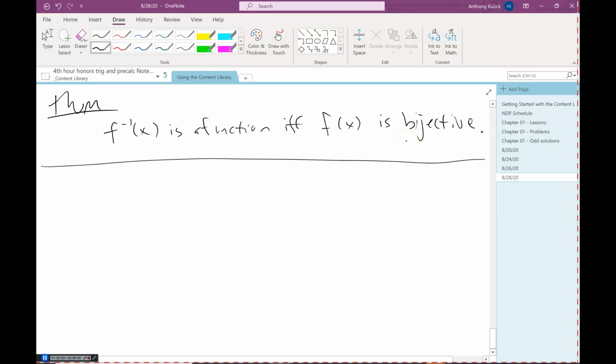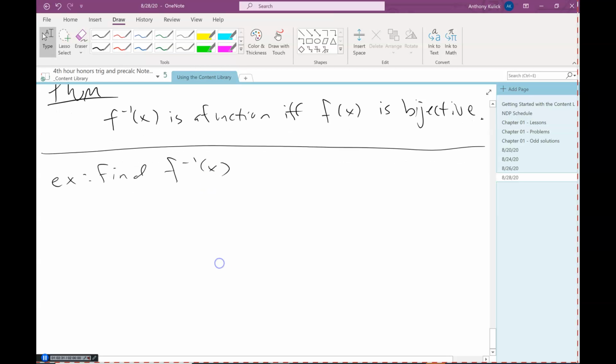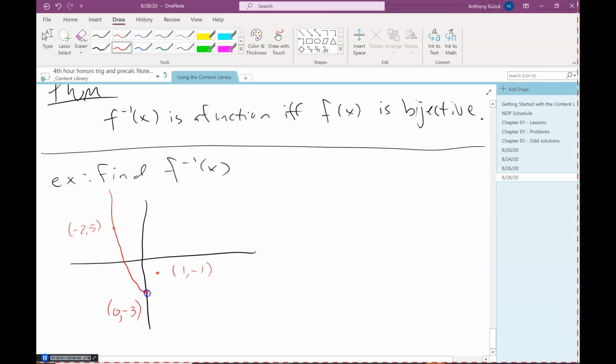Let's do some more finding the inverse. So here's our function for f of x.